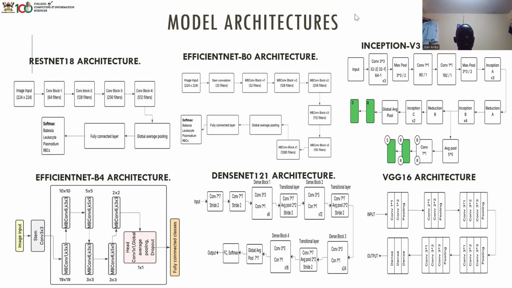Then also we judged through the overall accuracy. In that case, our EfficientNet B4 was able to win over the rest, and therefore we had to deploy it. It gave us a very good and robust model that was working very well in detecting Babesia from other classes or samples.